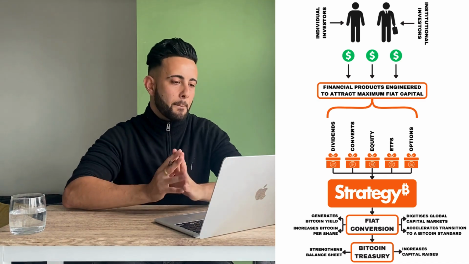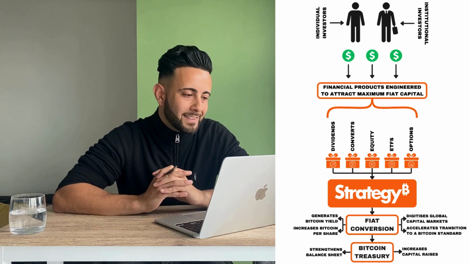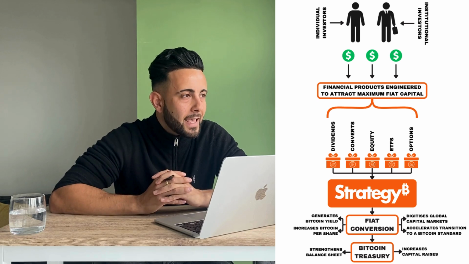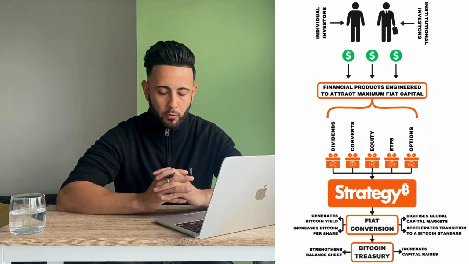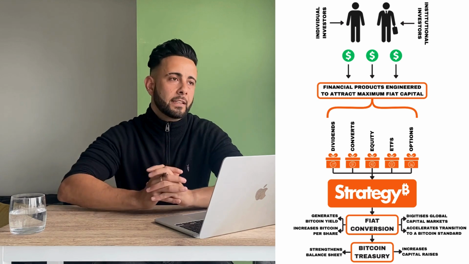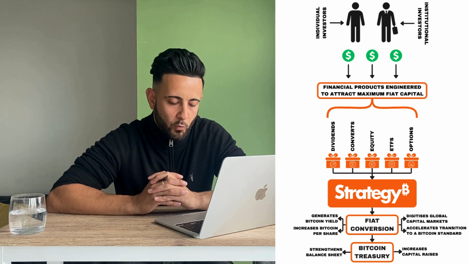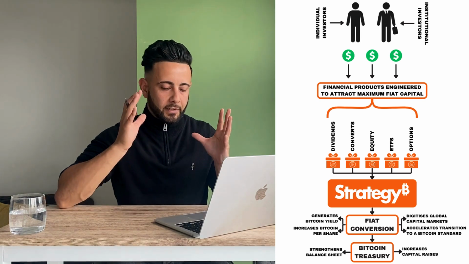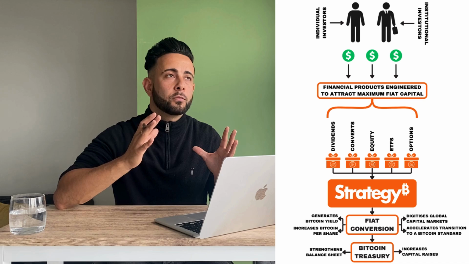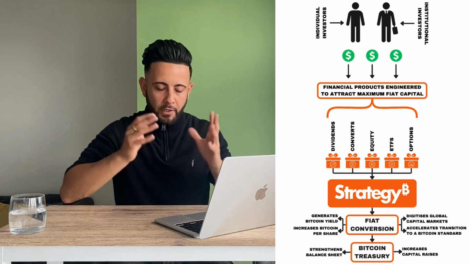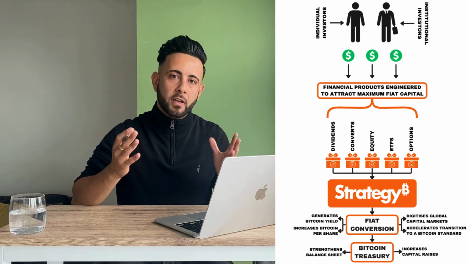Now, having said that, not all products are created equal. What do I mean by that? Well, each product has a different level of what we call Bitcoin talk, which is a new metric that has been introduced by strategy, which essentially measures the return on capital for every dollar invested. And so each product has a different degree of accretion.